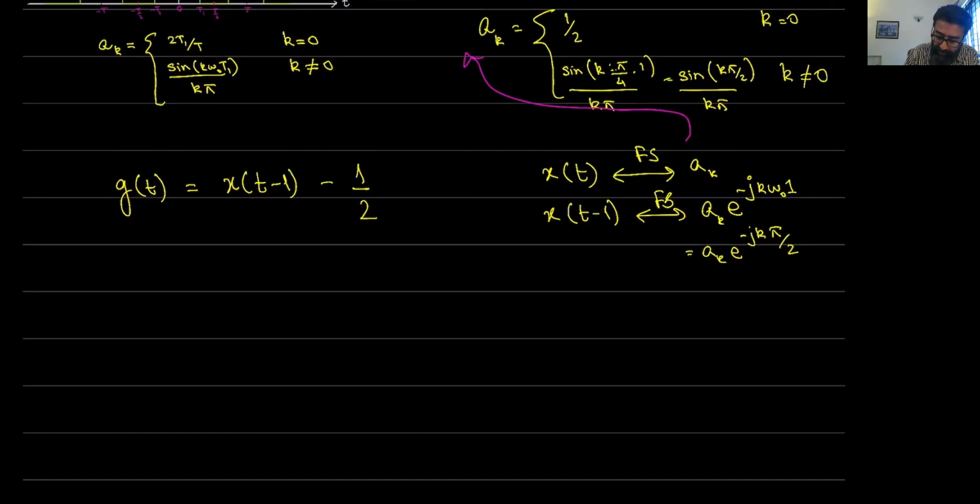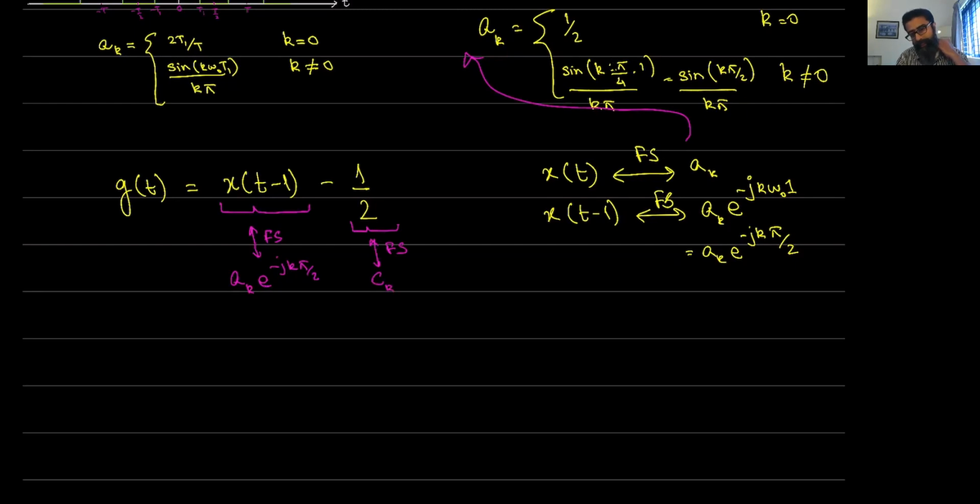We've determined that the Fourier series coefficients of this signal here, if I compute them, are a_k's times e raised to the power minus j k pi by 2, where a_k's are given by this expression. The question is, what about the Fourier series coefficients of this signal here? Let me call them c_k's.